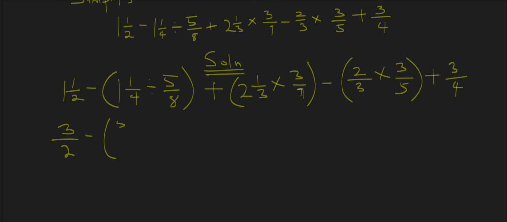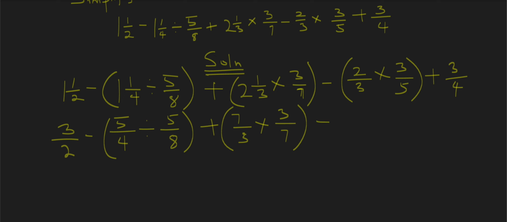So we have 5 over 4 here divided by 5 over 8, plus 2 whole number 1 over 3. So 3 times 2 is 6, plus 1 is 7, so this is 7 over 3 in brackets, the way it is, times 3 over 7.